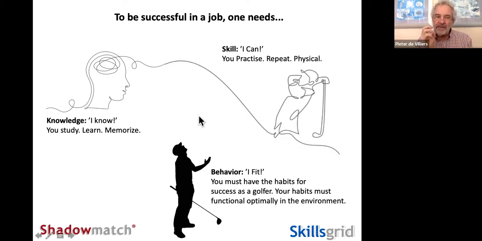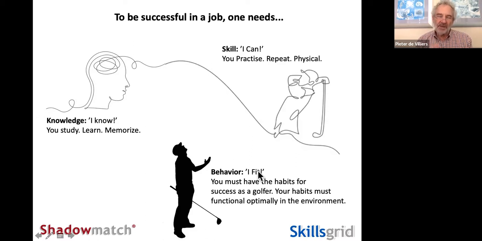But when people fail in the workplace, 75% of the failures are related to this. Their behavior does not work in the environment, especially over a longer period of time. And much more than 75% indicate that they resign because this part didn't work for them.